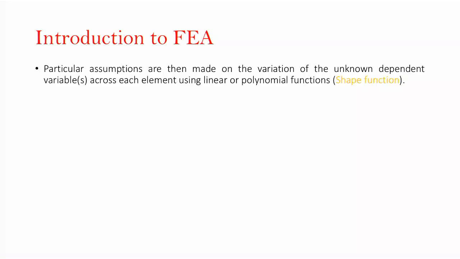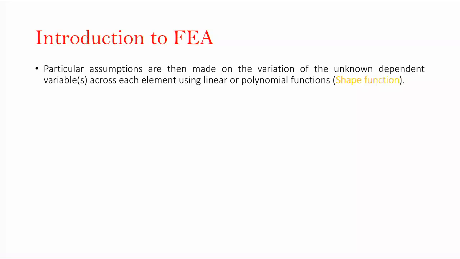So in finite element analysis, the relation between the dependent and independent variables could be different based on how we want to simplify the problem. What's the simplest relationship between the dependent and independent variable? Using a linear function.